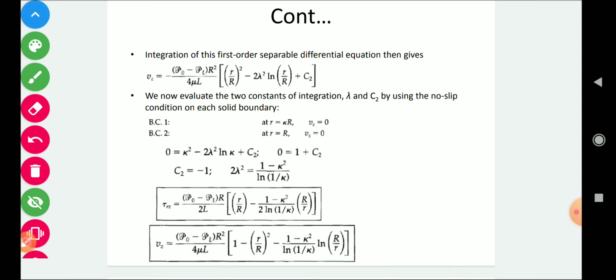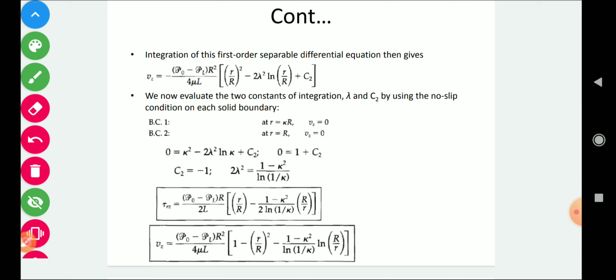So first boundary condition is at r equal to kr, this vz equal to 0, and at r equal to capital R, vz equal to 0. These are no slip conditions, because the fluid layer which is in contact with the solid surface has zero velocity, because the solid surface is stationary, and this R and kR are the radius of the larger and smaller pipe.